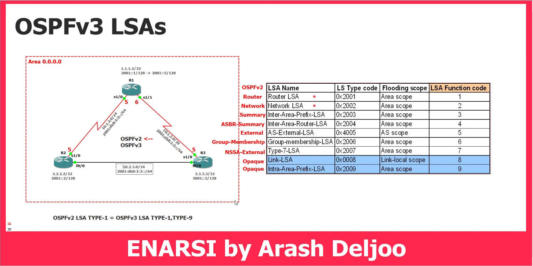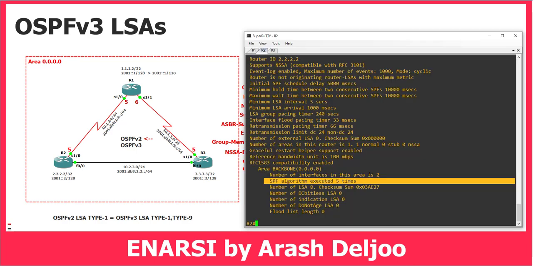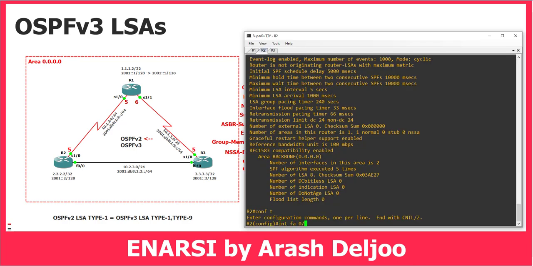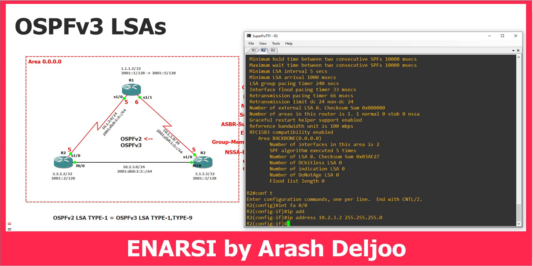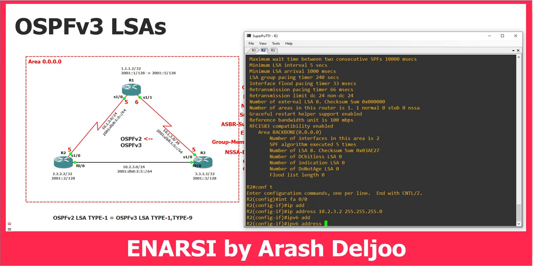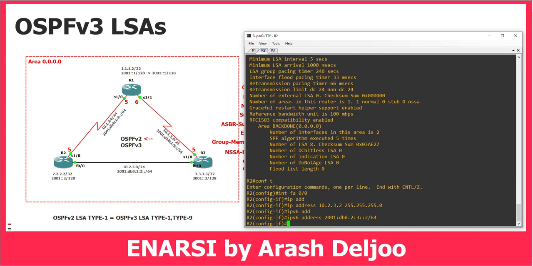Let me configure them. In router 2, we should configure interface FastEthernet 0/0. IP address is 10.2.3.2, 255.255.255.0. IPv6 address is 2001:DB8:2:3::2/64.